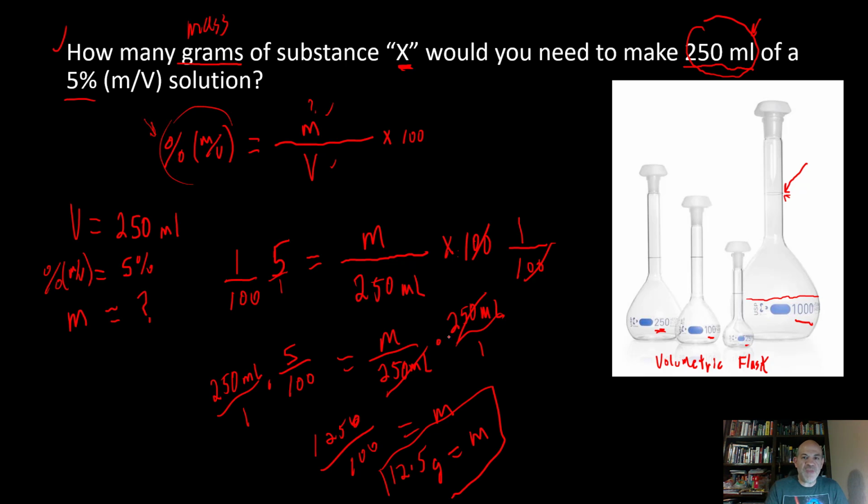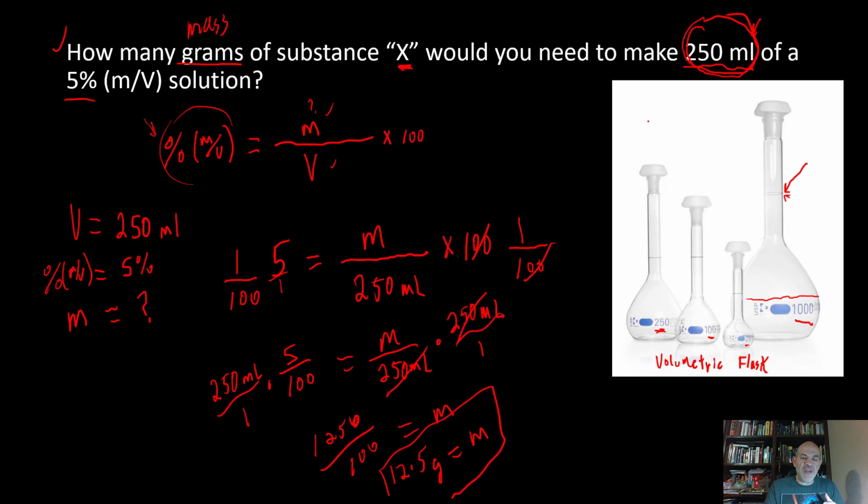Okay, so how would you make this solution here? I do have a calculator, and on quizzes and tests, you'll have the calculator activated in your web browser, your lockdown browser. 250 times 5 divided by 100, and it gives me 12.5. That's good. So now in practice, we know how many grams we need to put, and we need a volume of 250.